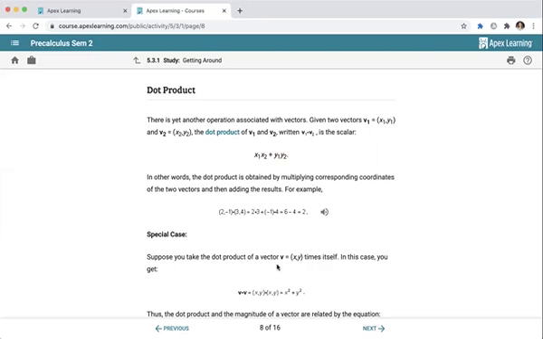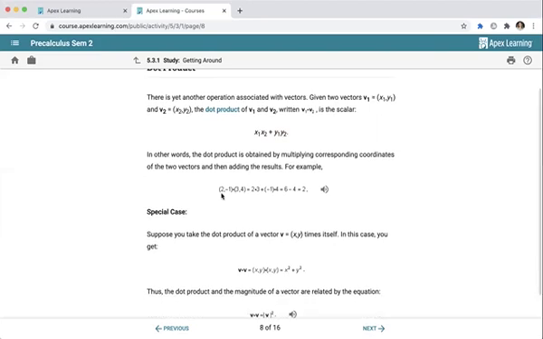For example, if we had the coordinates 2, 1 dot 3, 6, so this is vector 1 dot vector 2, we multiply our x components, we multiply our y components, and then we add them together, or subtract in this case because we had a -1 there. When we did this, we get a value of 2 here.